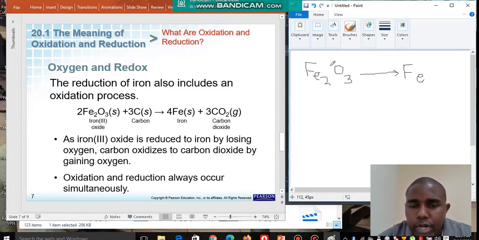So the change from iron oxide to iron means that oxygen has been removed. The removal of oxygen from iron oxide is termed reduction. So this is called reduction.